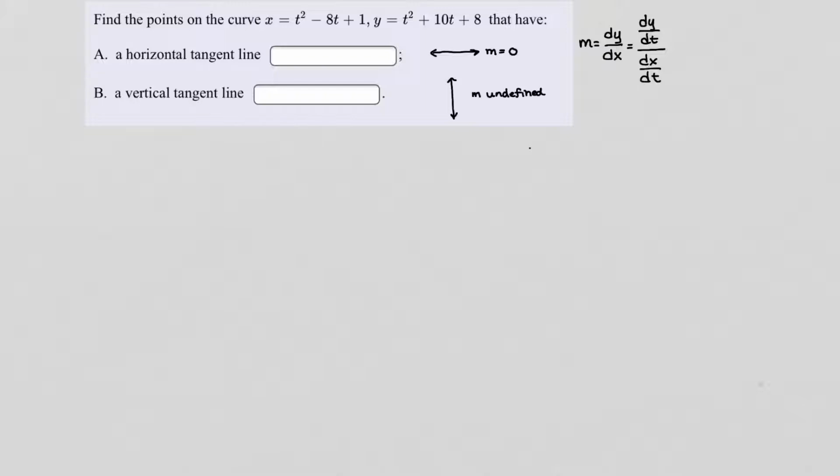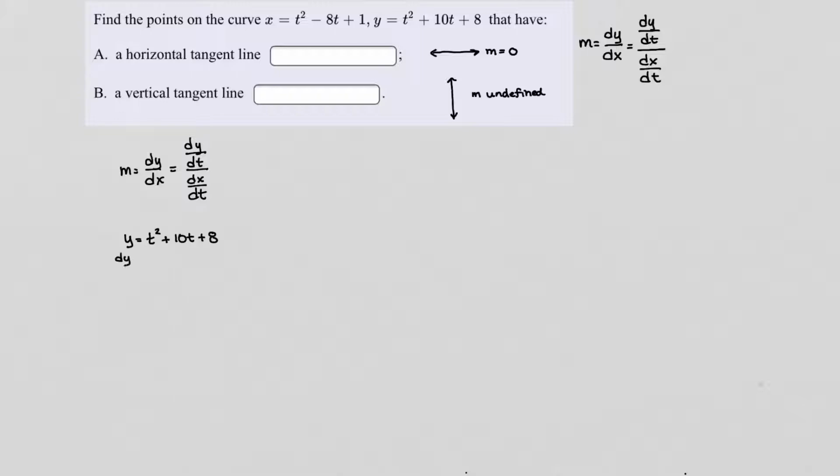So, let's begin. We start by finding the slope of the curve. That is, we want to find the derivative of y with respect to x at any point along the curve, which is simply dy/dt divided by dx/dt. For our specific curve, we have that y is t squared plus 10t plus 8.